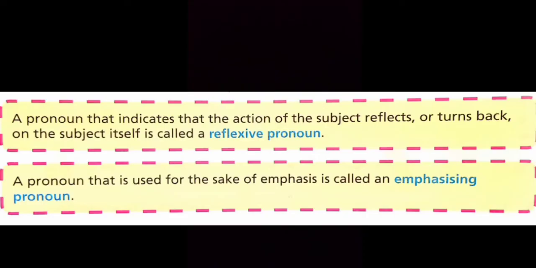A pronoun that indicates that the action of the subject reflects or turns back on the subject itself is called a reflexive pronoun. A pronoun that is used for the sake of emphasis is called an emphasizing pronoun.